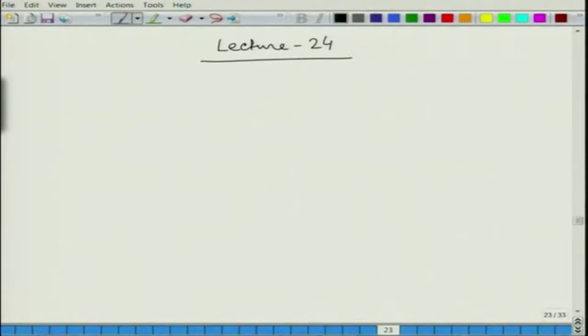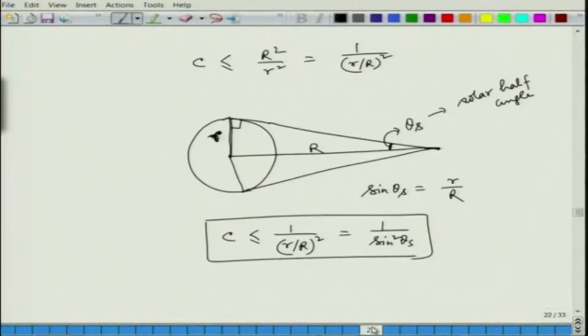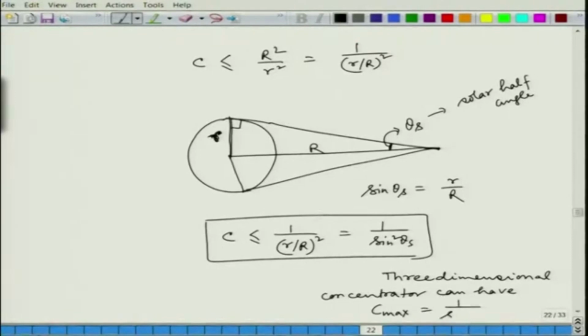So, in the last class what we have seen, the three dimensional concentrator can have C max, which is 1 over sin square theta s.